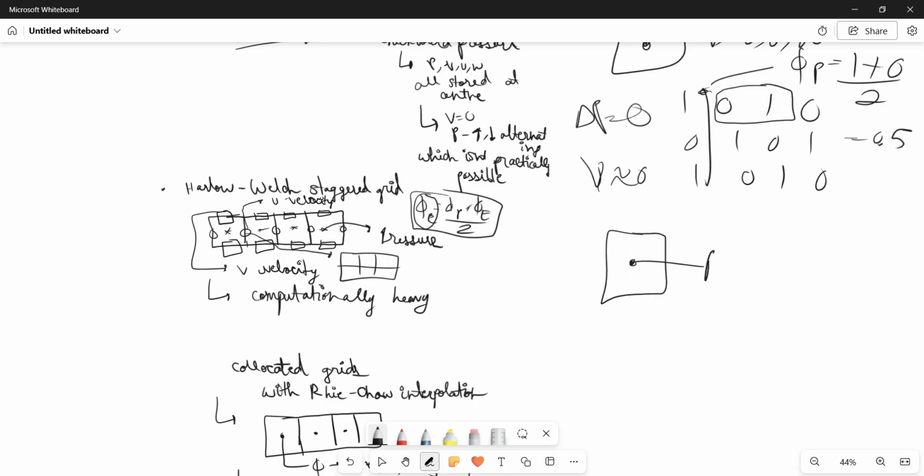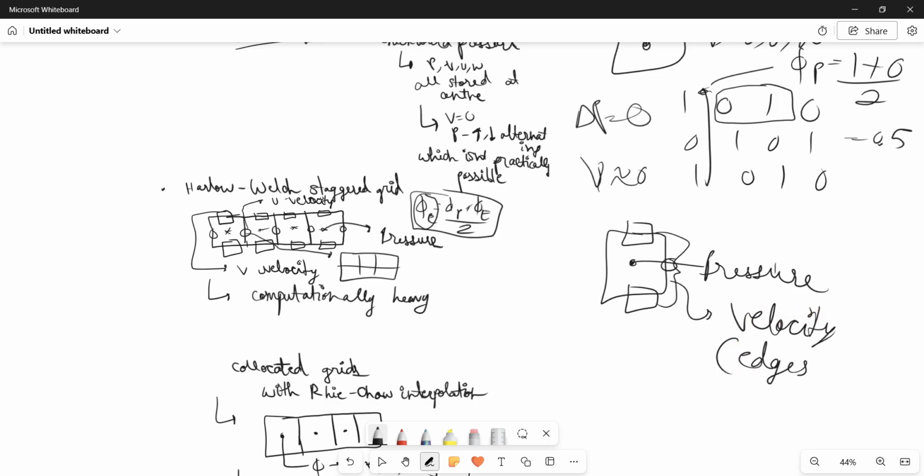So you had pressure at the cell center, and these were velocities at the cell edges or faces. So here you directly compute the value from the face itself. Since the velocity is already stored at the face, you don't have to use any interpolation to find the velocity at the face, and you directly use that for computation. That completely eliminates the problem of checkerboard pressure.